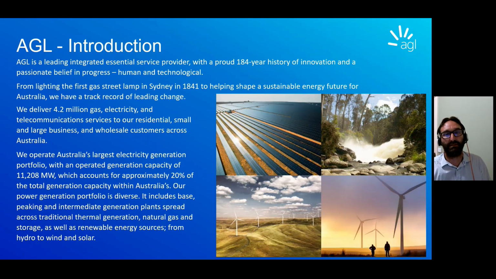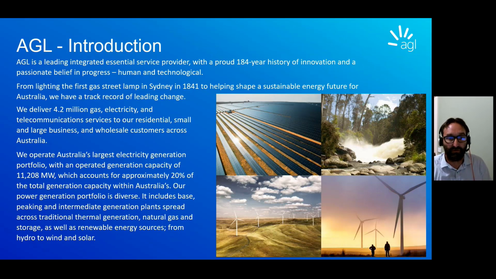Next slide. Thank you. So, introduction to AGL. We've got over 184 years of history, from lighting the first gas lamp in 1841 in the streets of Sydney. We now generate over 11,000 megawatts of electricity, approximately 20% of the total Australian eastern seaboard requirement.